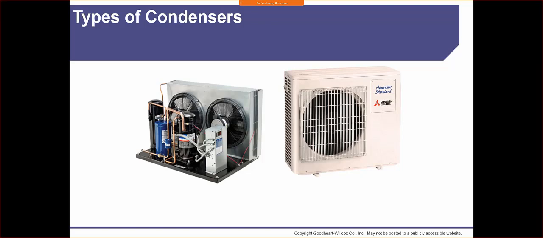The Mitsubishi is nice because it'll ramp up or ramp down, giving you just a little bit of cooling when you need it. So it's like driving with cruise control, right?